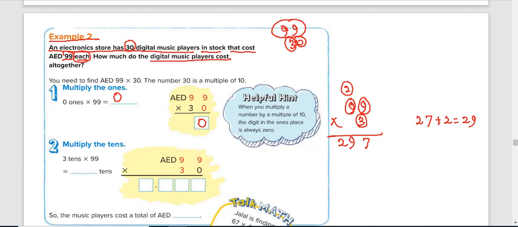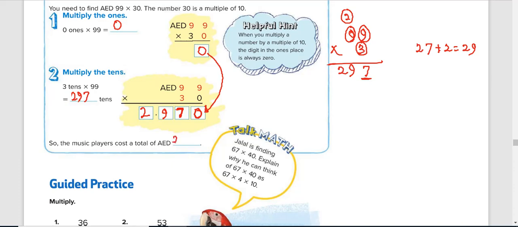So we have 29. The 7, which is the last number here, corresponds to the tens place, because you multiply with the tens place value. So 7, 9, and 2. While the last digit remains the one of the ones place that we multiplied, which is 0. So your final answer is 2970.